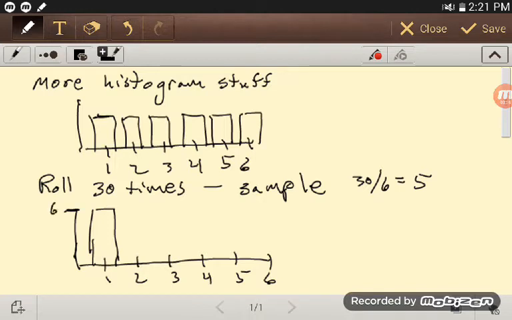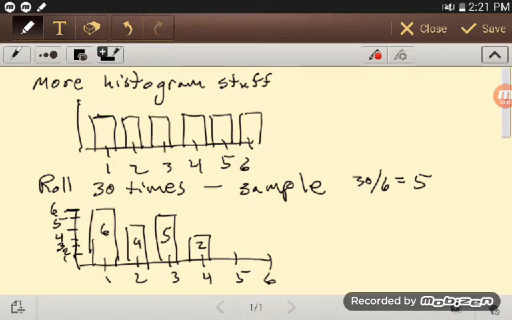Maybe there's 6, 5, 4, 3, 2, and 1. So we'll say that one had 6, and the 2 might have only had 4 in it. The 3 might have had the 5, which is exactly what we're expecting. The 4 might have only had 2, and the 5, well, what are we up to there?